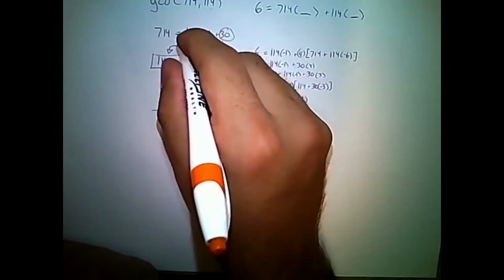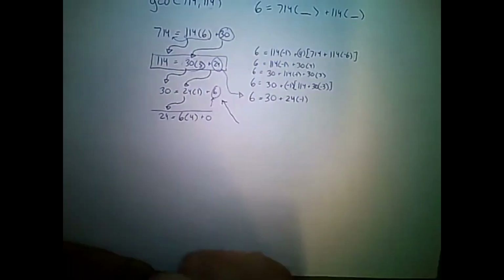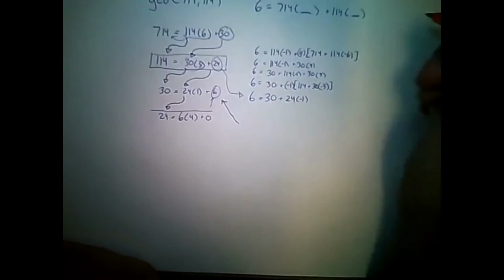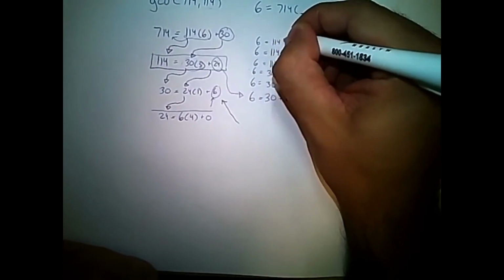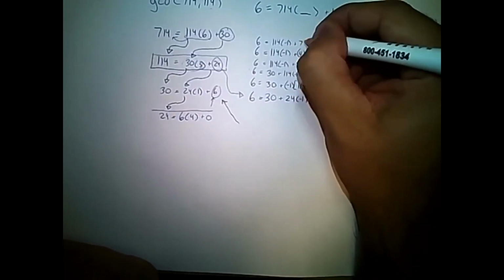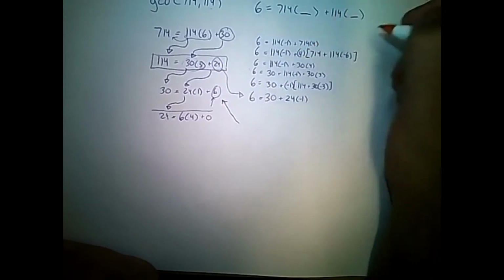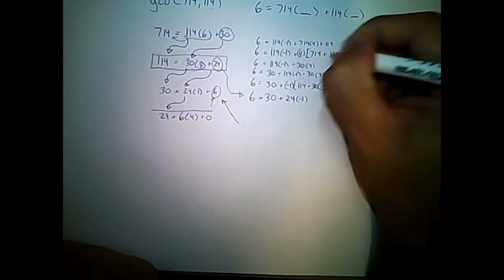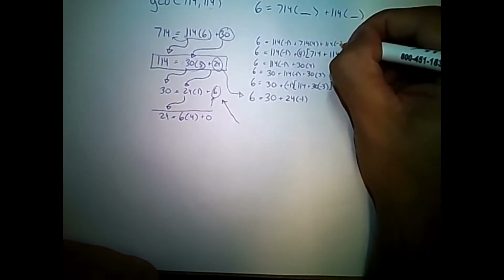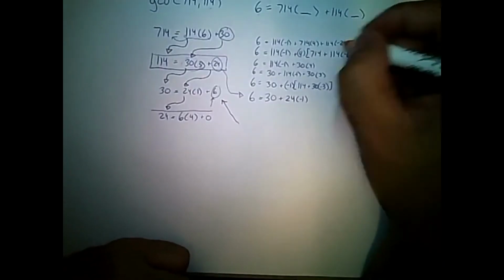Remember again, we moved over this 114 to the other side of the equation when we were setting it equal to 30. Now let's repeat and distribute. 6 equals 114 times minus 1 plus 714 times 4 plus 114 times negative 6 times 4, which is negative 24. So far so good.